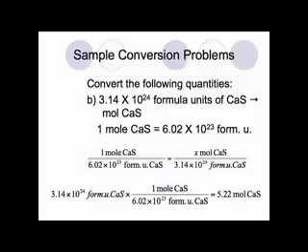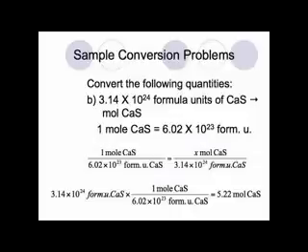I have my 1 mole of calcium sulfide over Avogadro's number, or 6.02 times 10 to the 23rd formula units of calcium sulfide, equal to X moles of calcium sulfide over 3.14 times 10 to the 24th formula units of calcium sulfide. I isolate my X by moving 3.14 times 10 to the 24th formula units of calcium sulfide to the other side, and multiply that by the conversion factor.